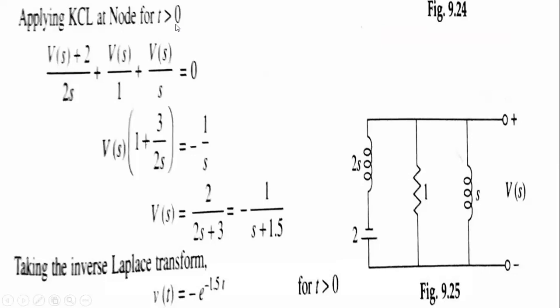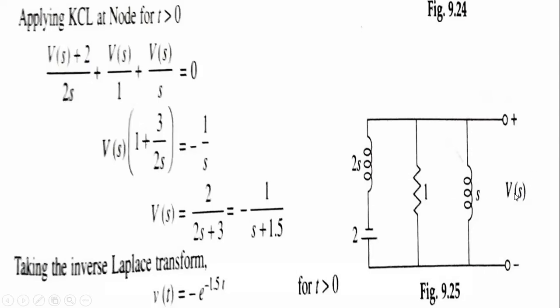At a particular node for t greater than 0, you are writing for the three cases: the inductor, the resistor and the capacitor. You should remember V(s) of 2 divided by 2s. What will be the effect at this node?